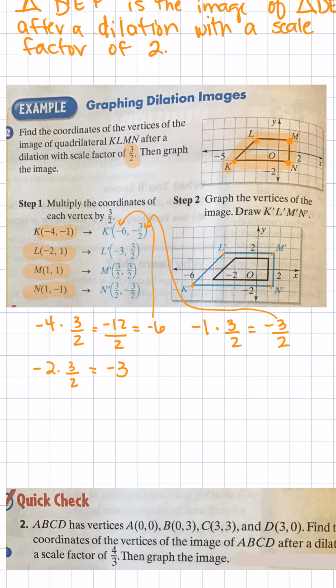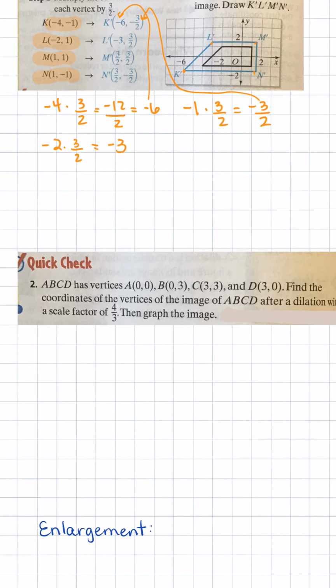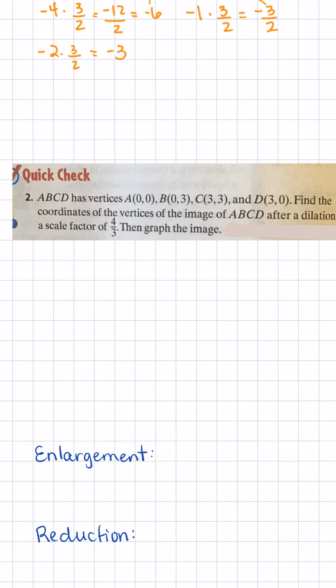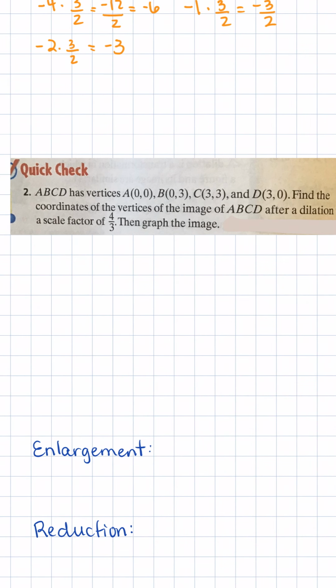So step 1, multiply the coordinates of each vertex. Step 2, graph the vertices of the image. Let's try this one. Draw a graph.